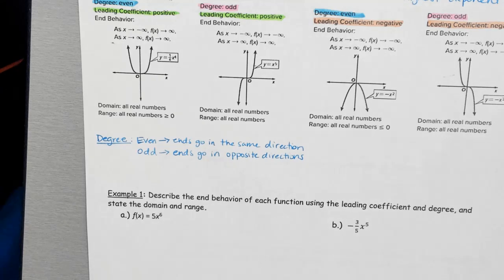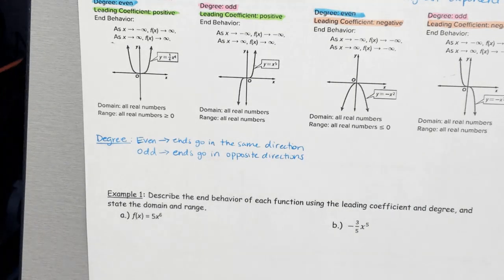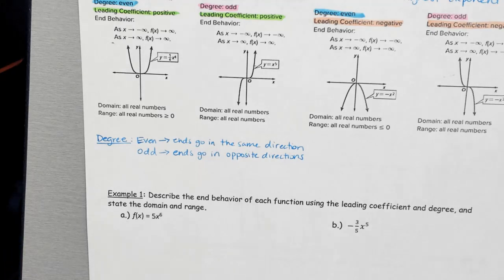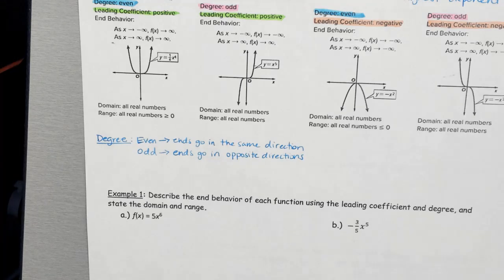Every time it's positive, what happens? Okay, so take a second to think about that, and then I'll have you talk with the people in your row. Come up with some pattern. So every time the leading coefficient is positive, what happens?